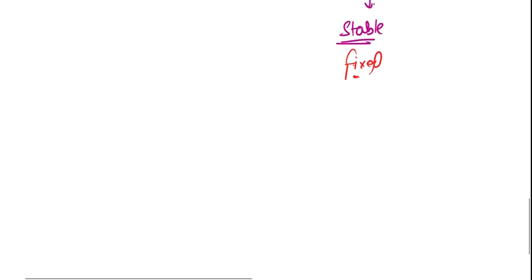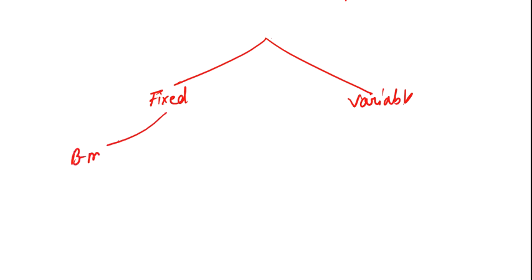Clear? So if I prepare a small chart, first of all, fixed, variable. So under fixed you have B money, that is the money from the bank, and I money, the money from the investment banking firms.